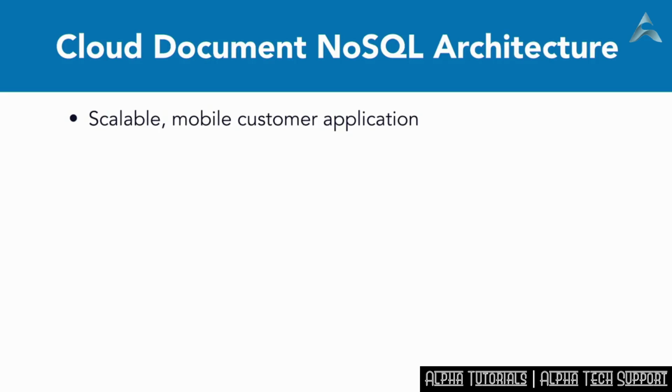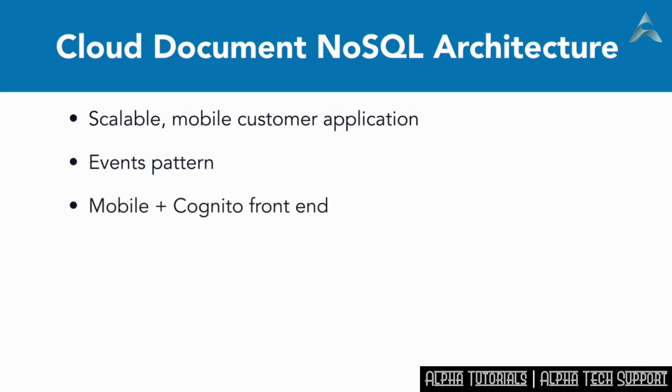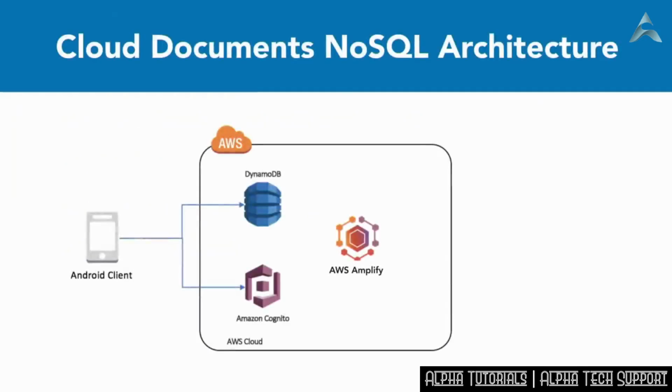So first of all, the application, a scalable mobile customer application. It's using the events pattern, so the streaming events pattern, and it's using mobile, and it's built on the Amazon ecosystem. So this particular one is using the Cognito serverless user authentication service on the front end. And important for our discussion in the back end here, we're using a document NoSQL architecture. So what does this look like? It's actually amazingly simple.